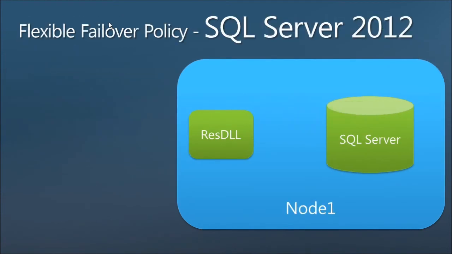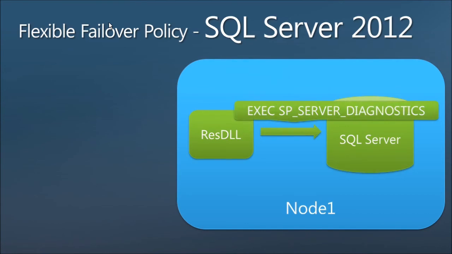To resolve the false failover issue, SQL Server 2012 now replaces its way of doing health detection. The resource DLL will call a stored procedure called sp_server_diagnostics instead of querying the server name.